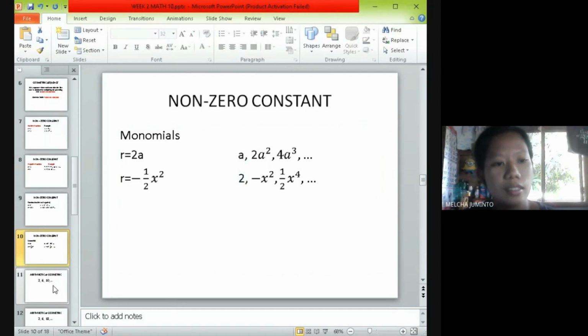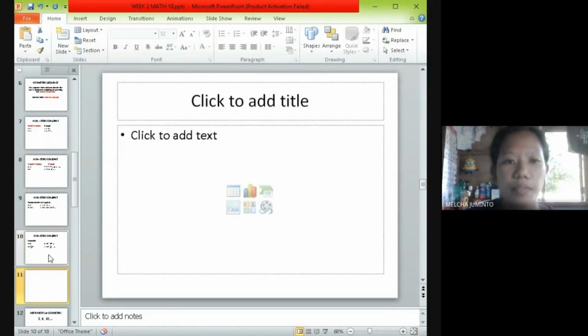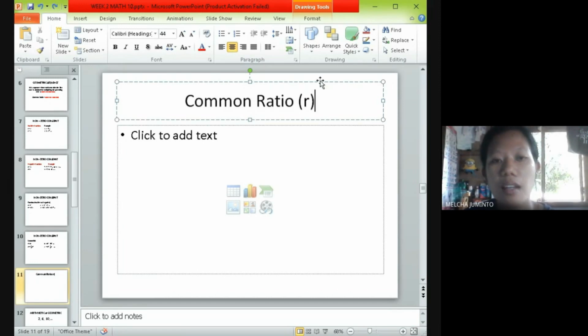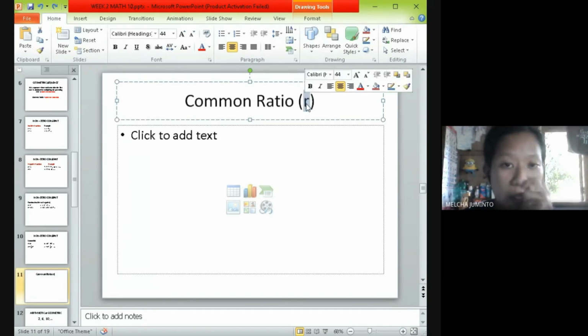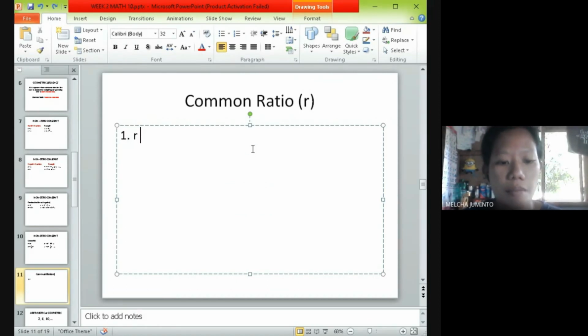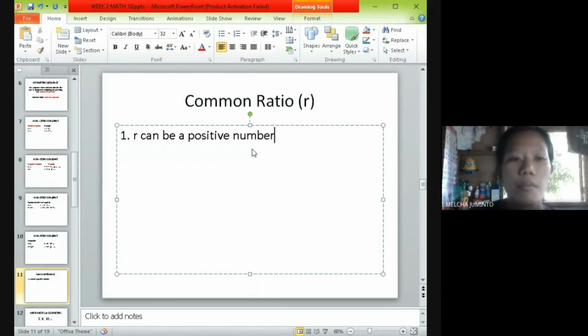Let me summarize here. So, common ratio is represented by lowercase r. So every time you see this letter, lowercase r, in the formula, it means the common ratio. So there are 4 cases. The first case, r can be a positive number.